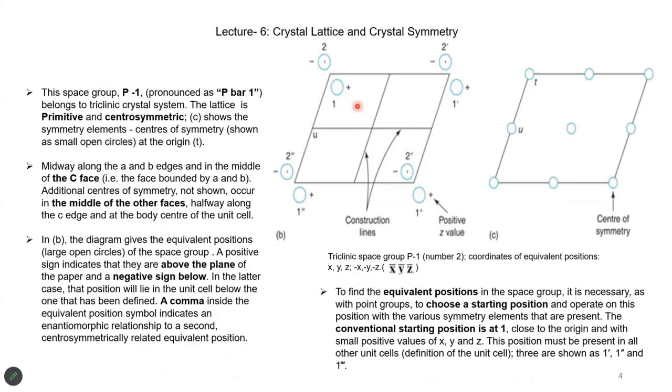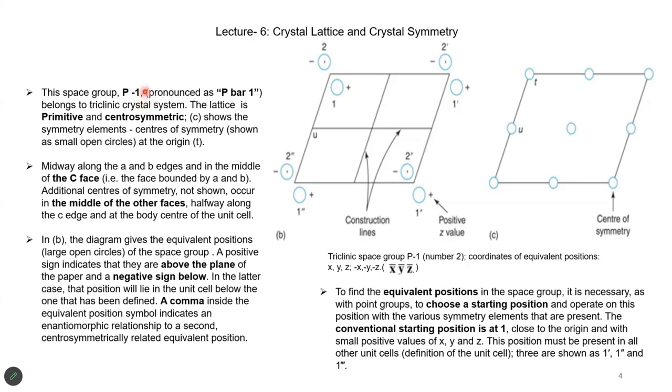Okay. Now we take another space group. This one is also triclinic, because we talked about triclinic P1, and we said we have another space group, P bar 1. I showed it here as -1, but in fact we call it P bar 1, with the bar over the 1.